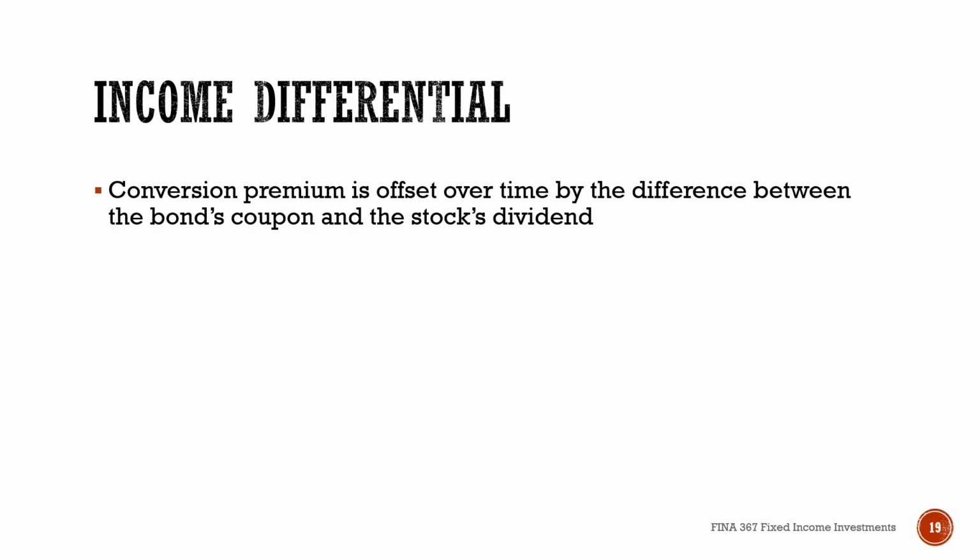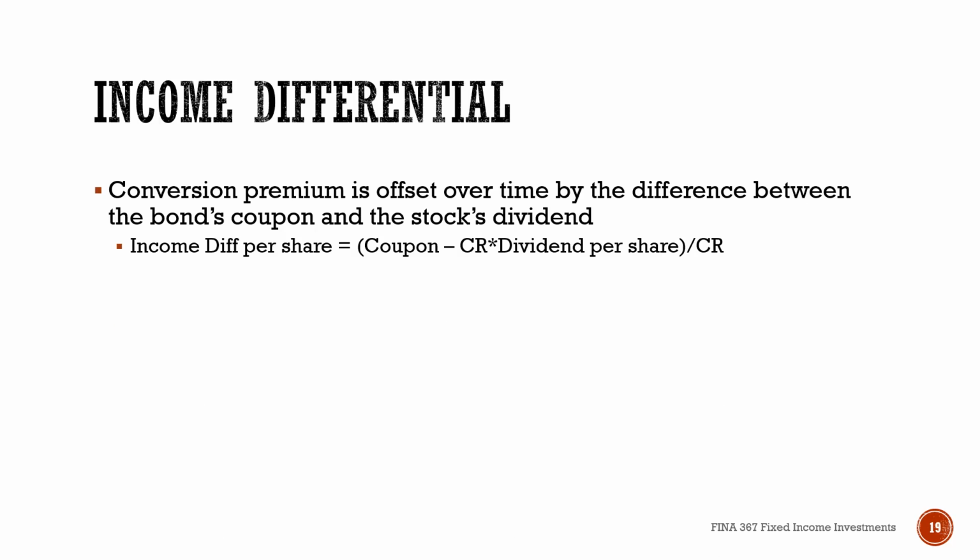In other words, the conversion premium is offset over time by the difference between the bond coupon and the stock dividend. So you would take the coupon payment and subtract from it the conversion ratio times the dividend per share. That's how many dividends you would get if you were to convert the bond into common shares. And now you want to divide it by the conversion ratio to make it a per share number.